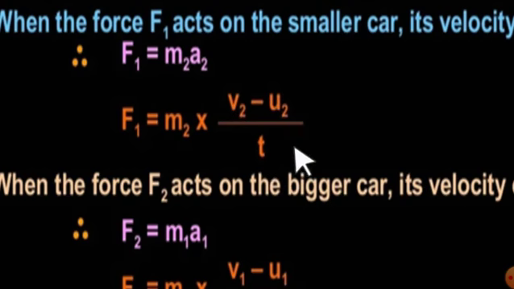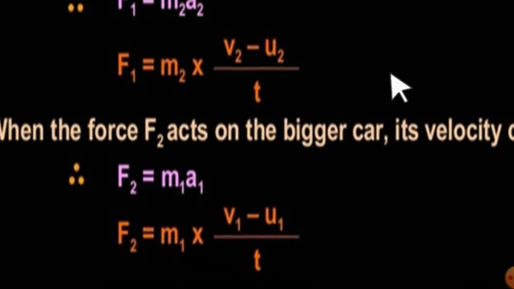Similarly, in the case of the bigger car, when the force is given onto the bigger mass by the lighter car, got it? Then what happened? Let the force given by the smaller car onto the bigger car be denoted by F2, and the force will be experienced by the bigger car.